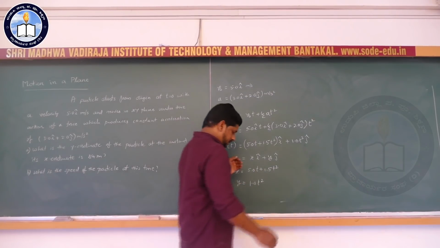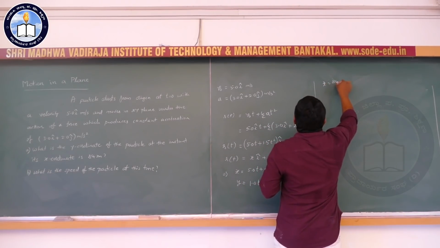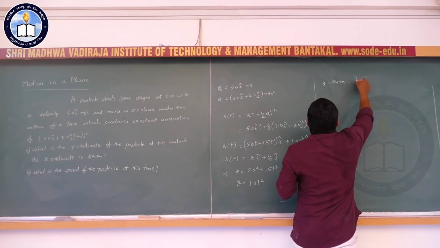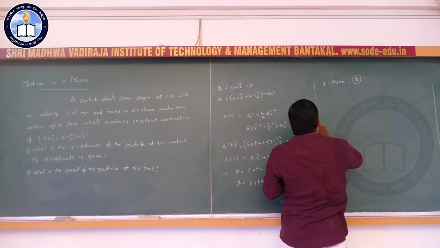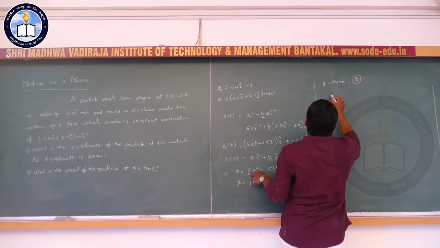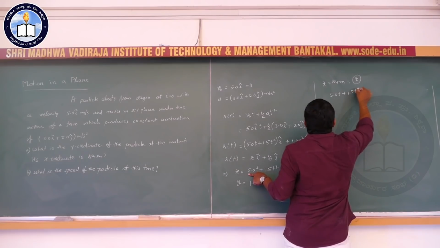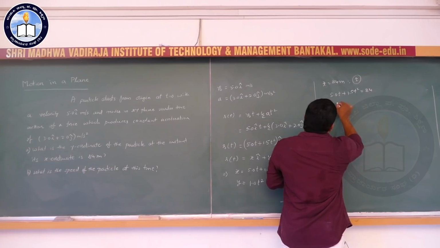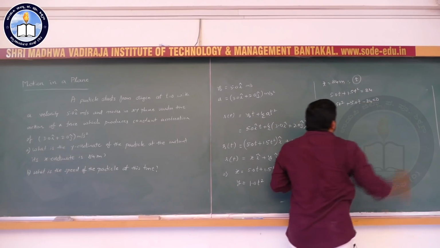Now, given that x is equal to 84 meter at a time t. We don't know the value of t; it is required to calculate now. If you substitute in this equation, 5.0 t plus 1.5 t square is equal to 84. Rearranging, 1.5 t square plus 5.0 t minus 84 equal to 0.